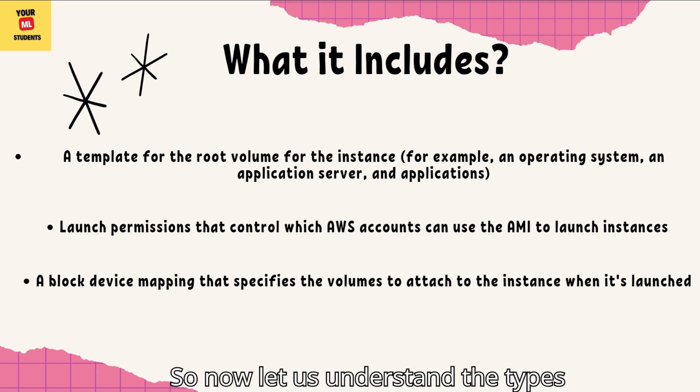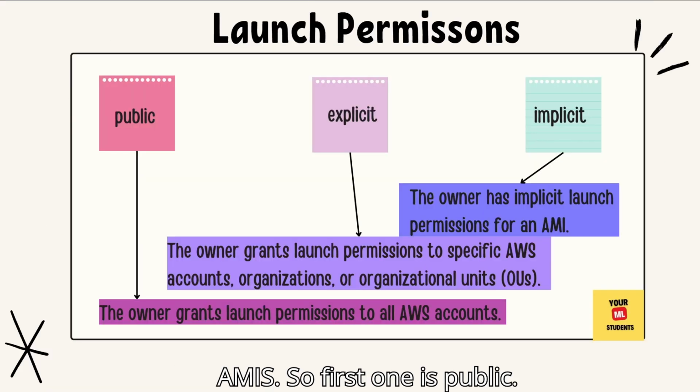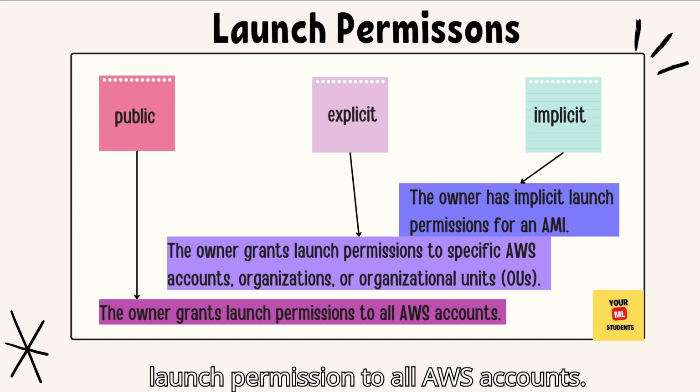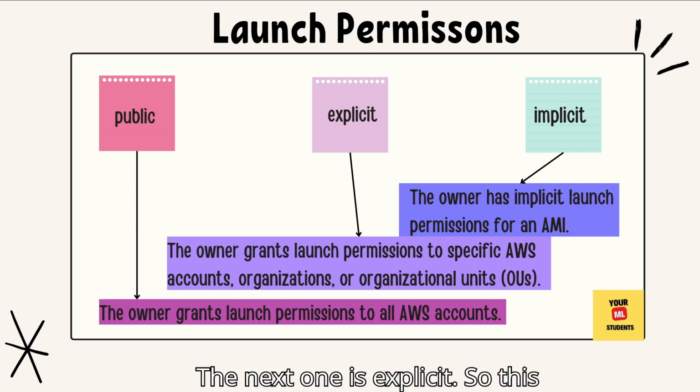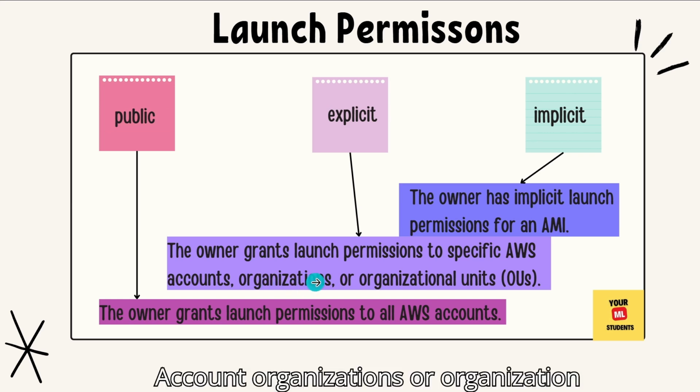Now let us understand the types of launch permission that we have for AMIs. The first one is public. Public is self-explanatory: the owner grants launch permission to all AWS accounts. The next one is explicit. With explicit, the owner grants launch permission to specific AWS accounts, organizations, or organization units.